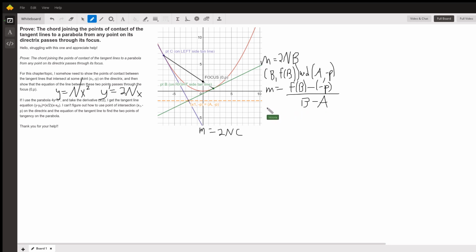And so the slope of the green line, the one on the right, is f of b, which is the y value at b. So this point is at b, and if you plug in b, you get the y value is nb squared.